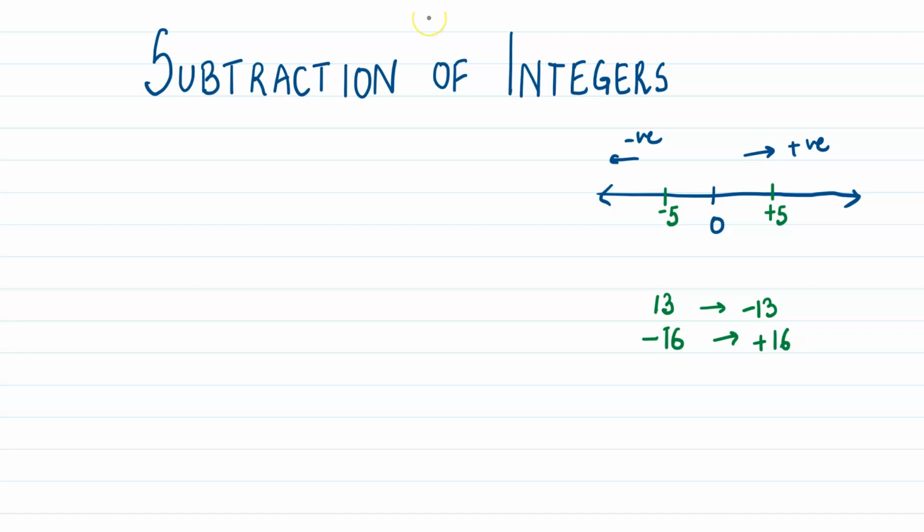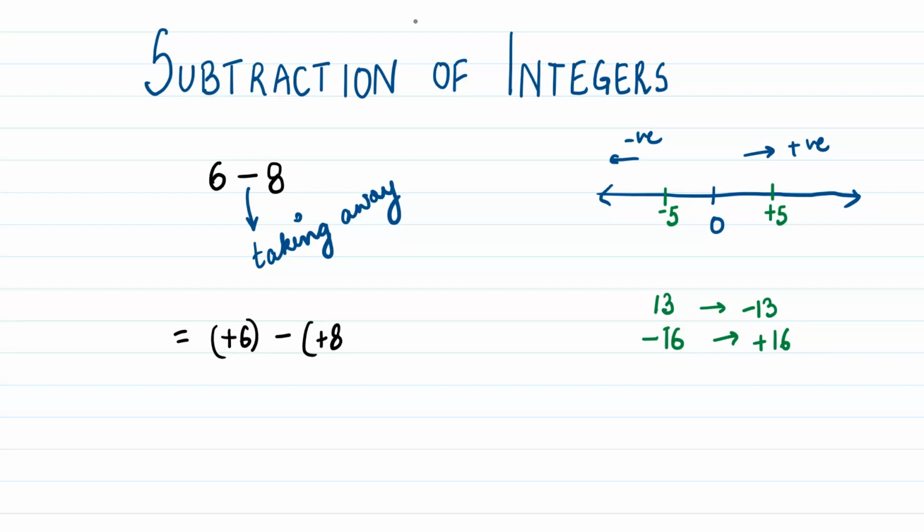So let's take the first case of subtraction where we have 6 minus 8. First we have to figure out what numbers we are subtracting. This minus sign indicates taking away, or the operation of subtraction. So we are taking away 8 from 6 positives, we are taking away 8 positives.